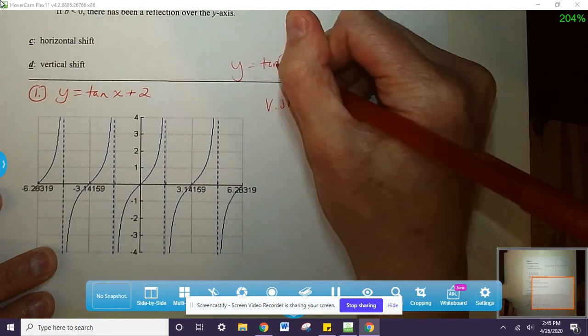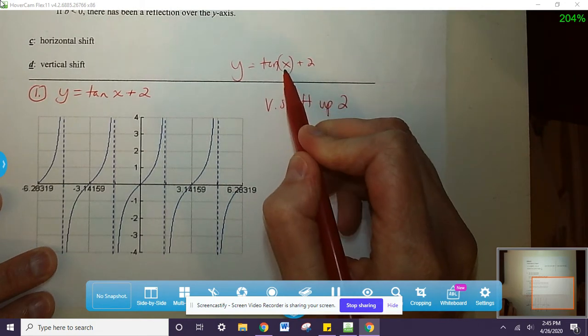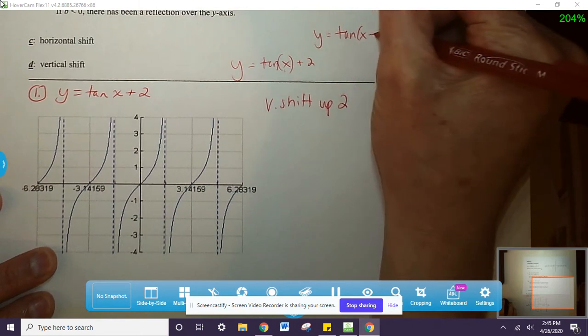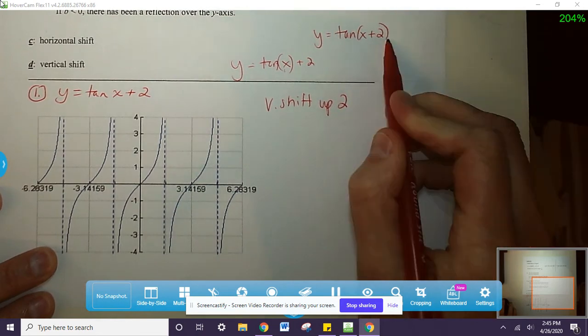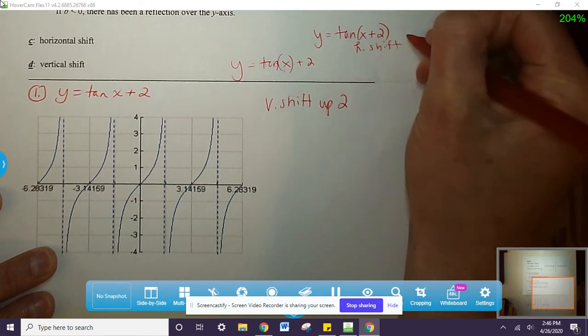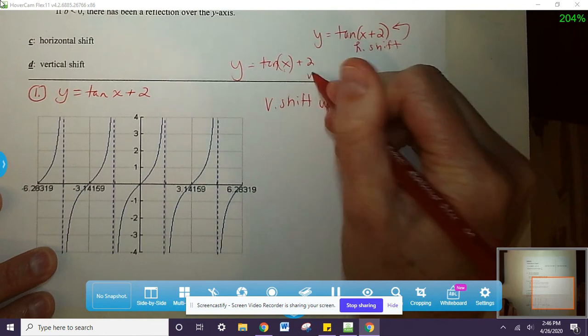If no parentheses are shown, only the x is inside of the tangent function. If I wanted to represent a horizontal shift, I would have to have parentheses around that entire expression. So that would be a horizontal shift, but this one here is a vertical shift.